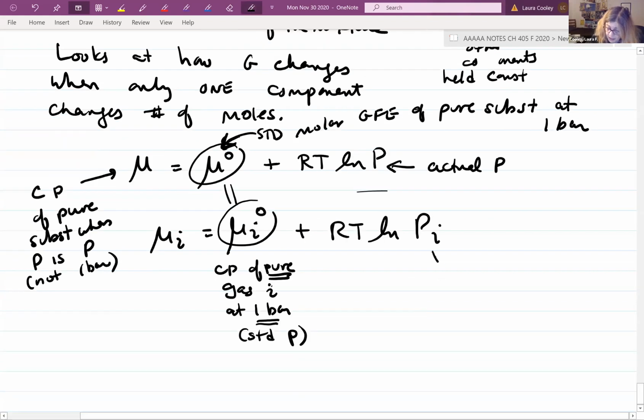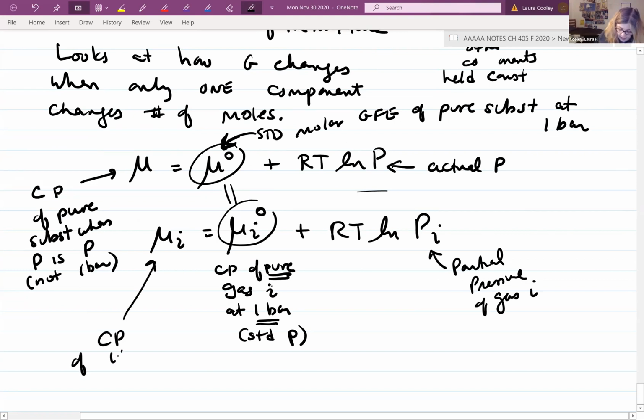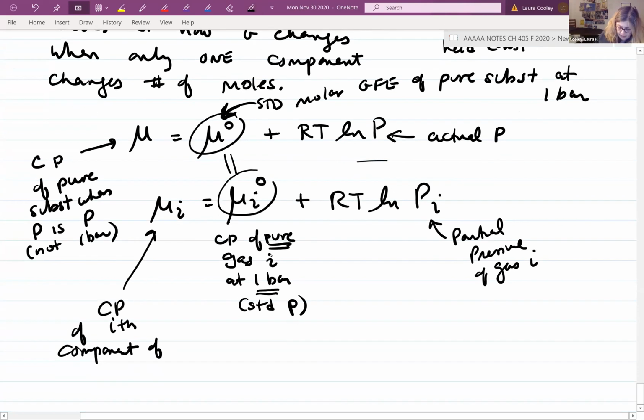But now we have here a partial pressure of gas i. Okay, and this is the chemical potential of the ith component of a gas mixture. So here it's like we're taking the chemical potential of a pure substance and relating it to a standard chemical potential when the pressure is 1 bar.